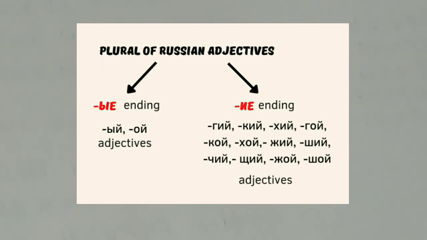You just have to remember that there are two ways of making it, by either adding the ые or ие endings, and you just have to pay attention to the masculine gender forms of adjectives, and then it will be easier to form them.